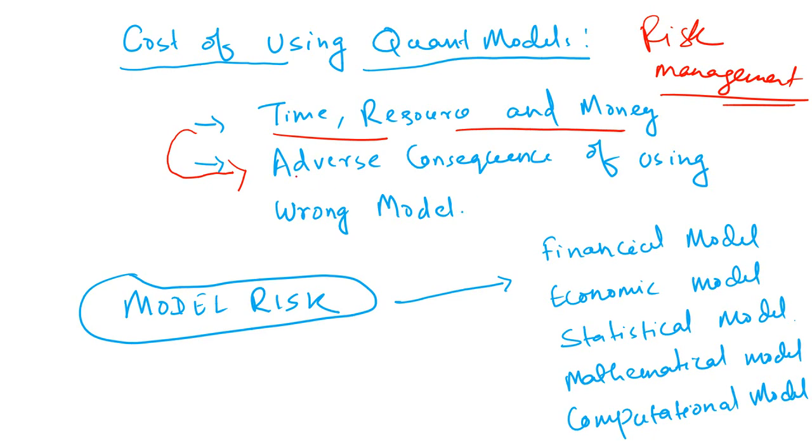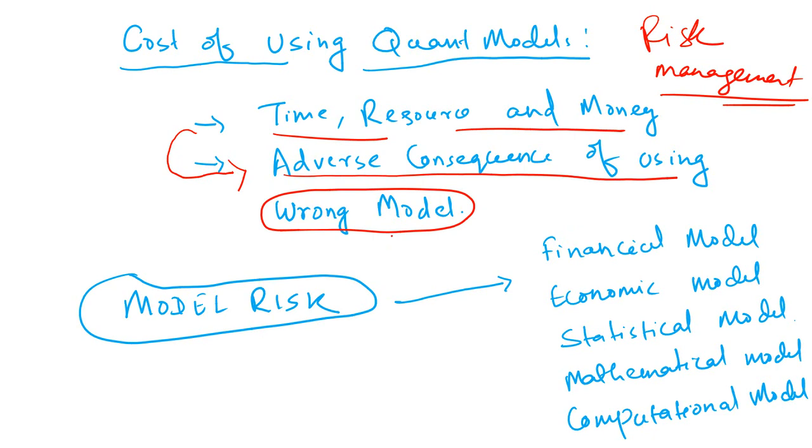So there are adverse consequences of using a wrong model. If the bank is using a wrong model, it is going to cost the bank a lot. And that is an optional cost, right? Why? Because if it is using a proper model, a right model, then there is no cost in terms of using a quant model.